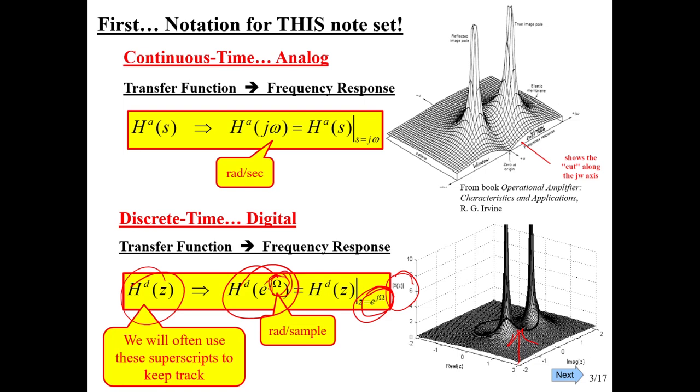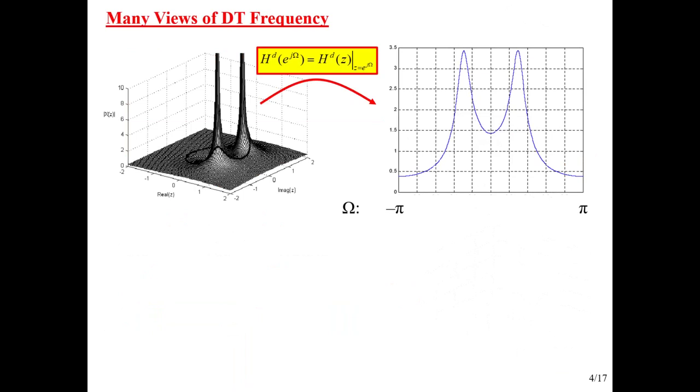And it's this circle that leads to that 2 pi periodicity, right? No matter where we go around the circle, however many times we go, we're back to one of the original places. And so that's where that periodicity comes from in this mathematics. And so if we unwind or unwrap that, so we cut it here at the plus or minus pi juncture, and we unwrap it onto this omega axis, it might look something like that.